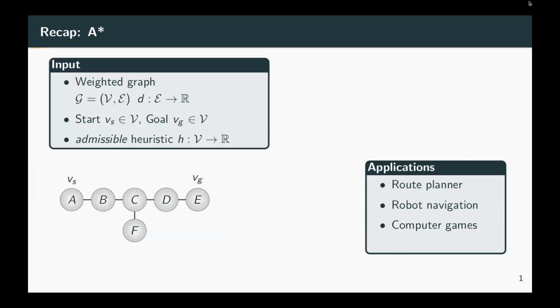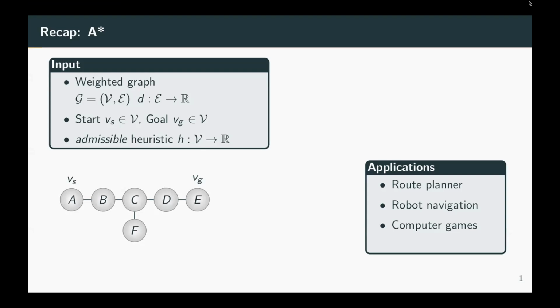Okay, so how does it work? So typically you have as input some sort of weighted graph. A graph has vertices and edges. And it's a weighted graph. That means in this case, for each edge, we have some sort of additional number, d, that gives us some cost.